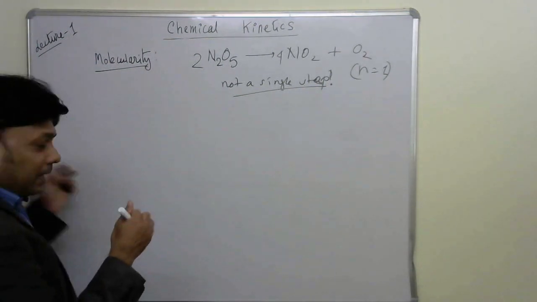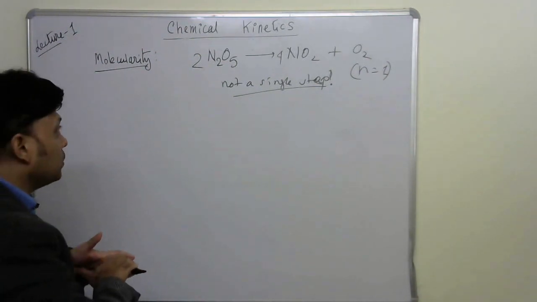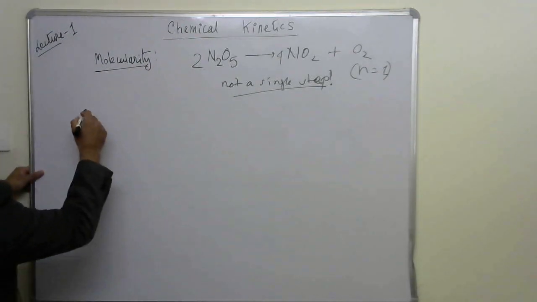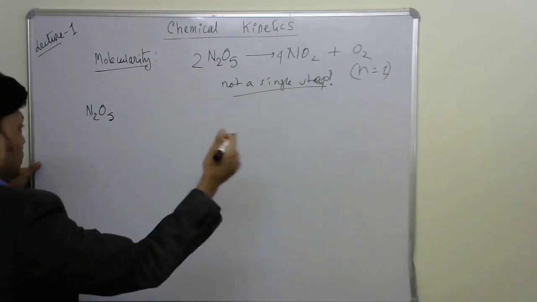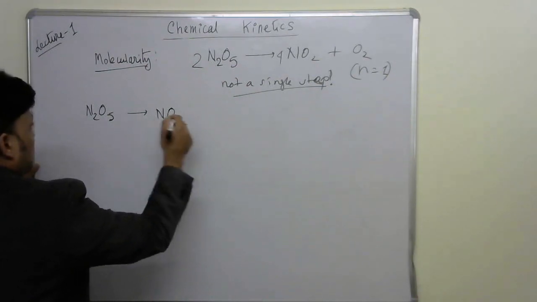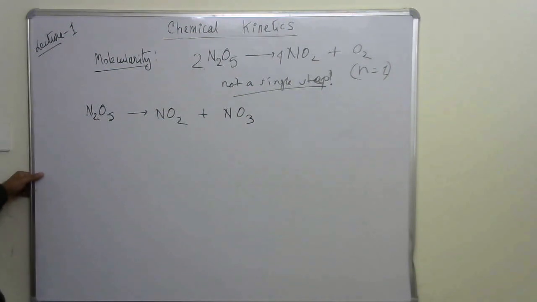Let's try to write the individual steps of this reaction. When N2O5 starts to dissociate, in the first step it gets dissociated into NO2 plus NO3.